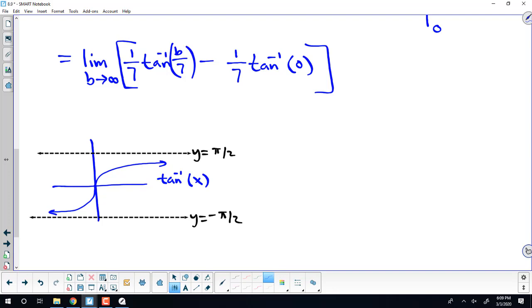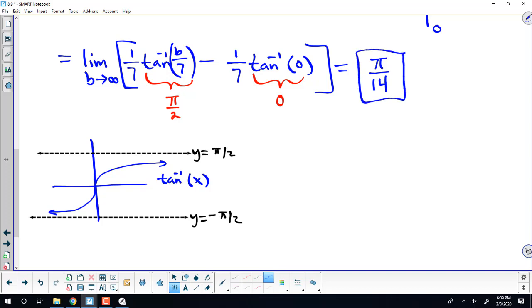So what we have is, this approaches pi over 2, and this approaches 0. We have pi over 14 minus 0. So again, we've got a finite number coming out of that unbounded region of integration.